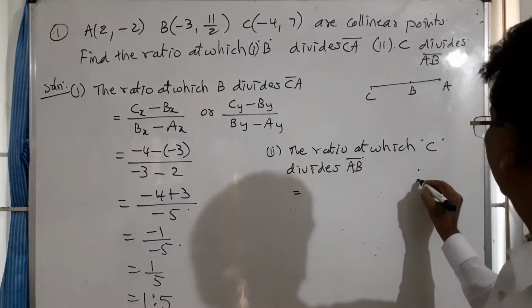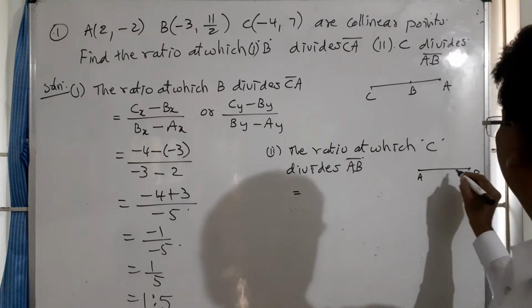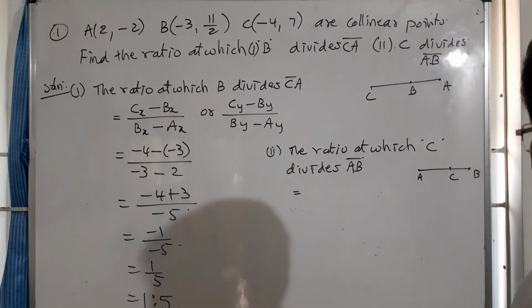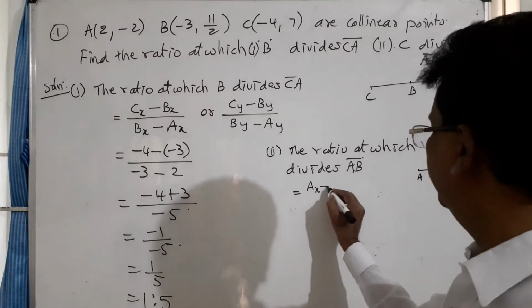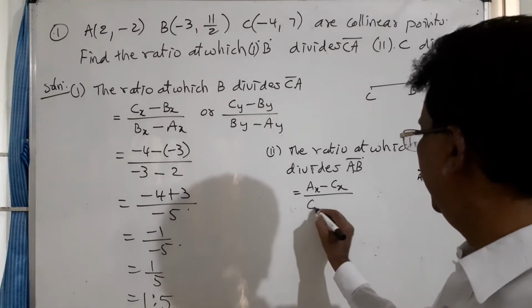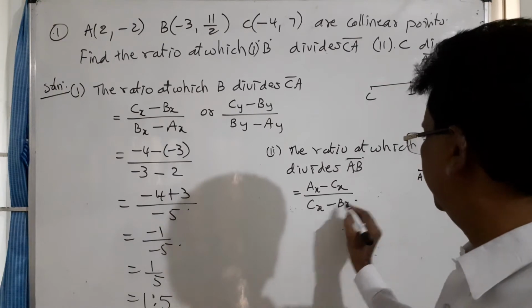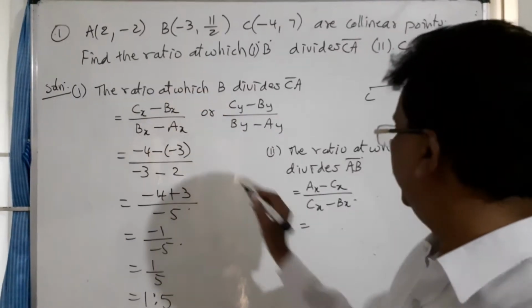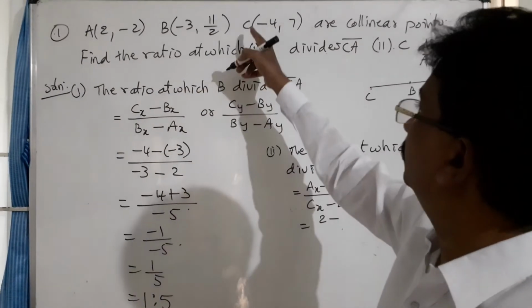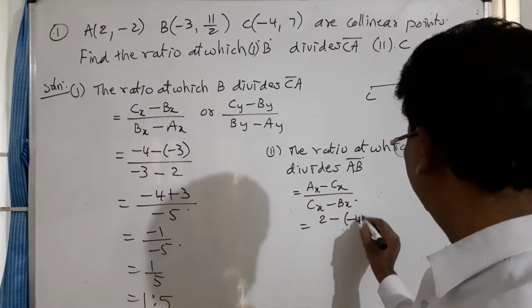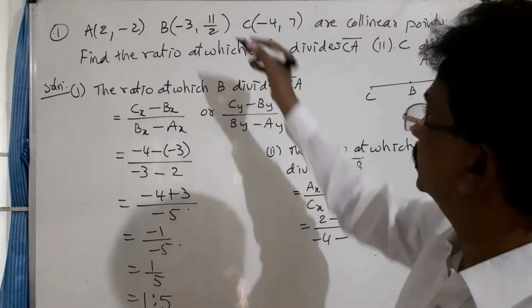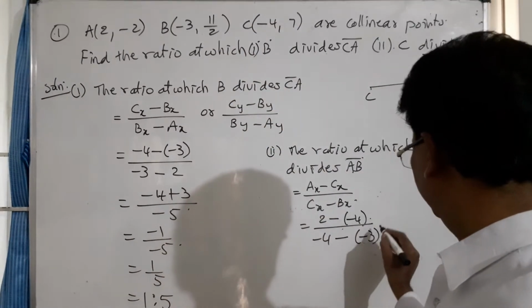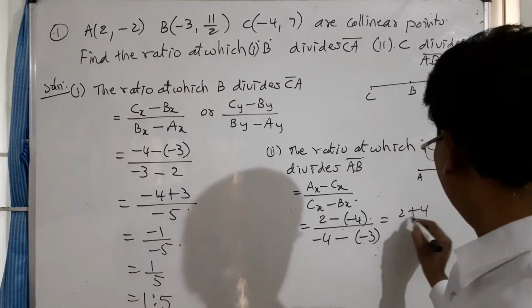A. Second point B. Dividing point C. So the ratio we can write as Ax minus Cx divided by Cx minus Bx. X coordinate of A 2 minus x coordinate of C minus 4, divided by minus 4 minus Bx coordinate minus 3.